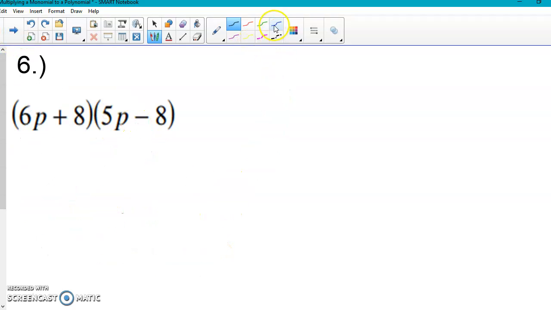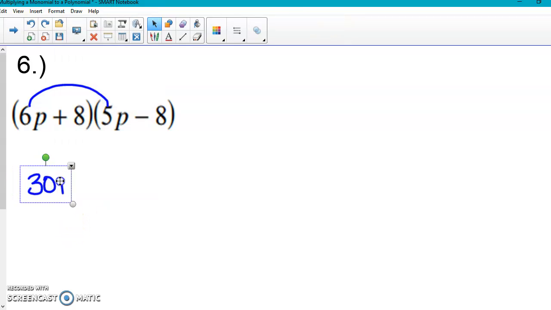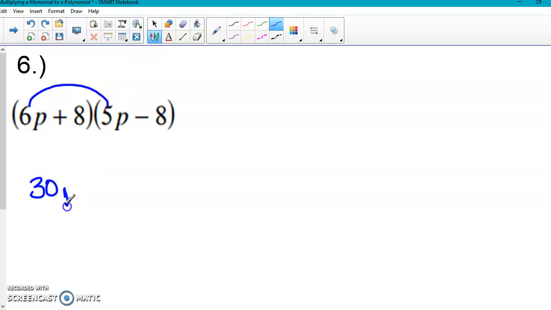All right, so once again, number 6, we're going to do a binomial times a binomial. So 6p times 5p would be 30p squared. And then we're going to grab 6p again, and this time we're multiplying it by negative 8. So that would be negative 48p.